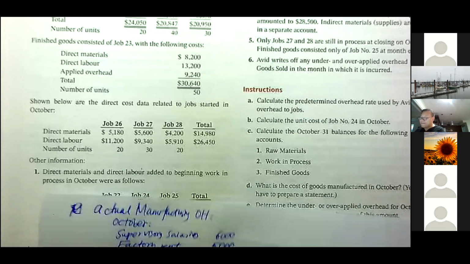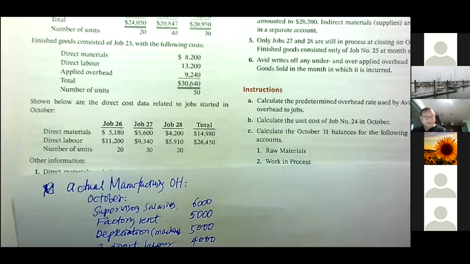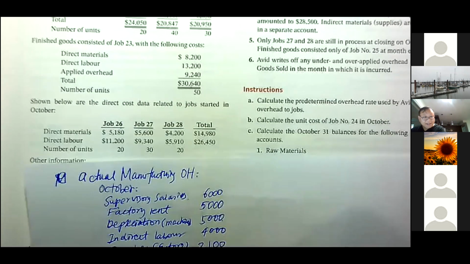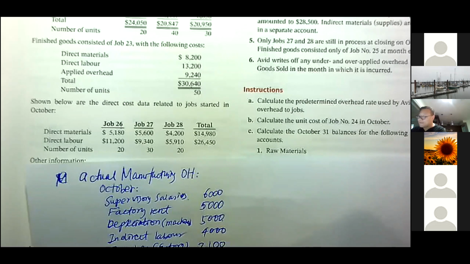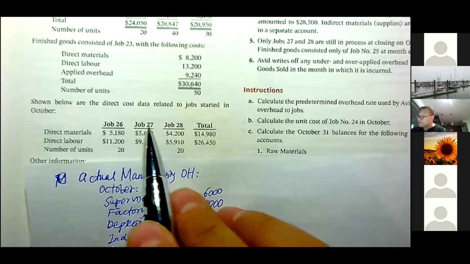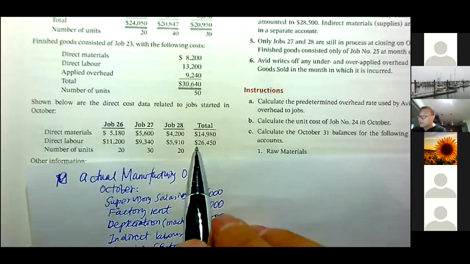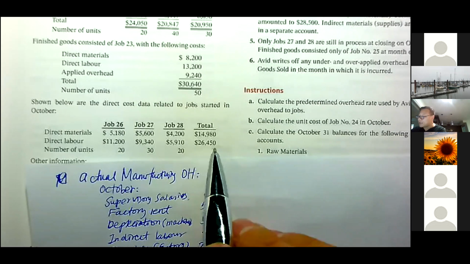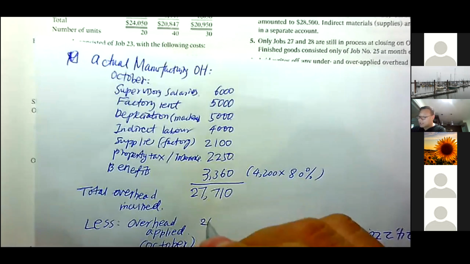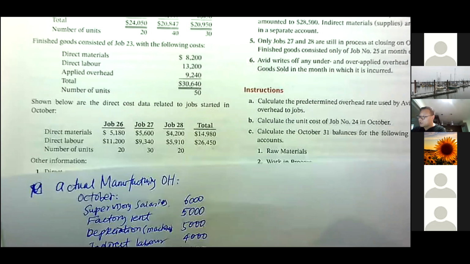So I have job 26, 27, 28 together. These are the jobs that started in October, and the total direct labor cost is 26,450.